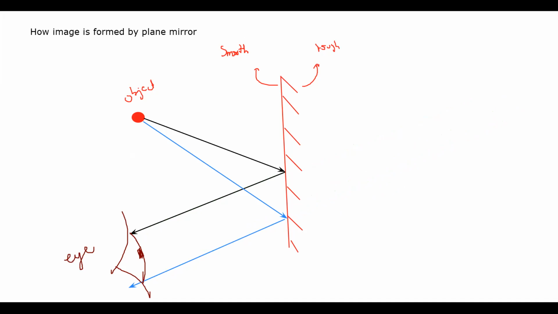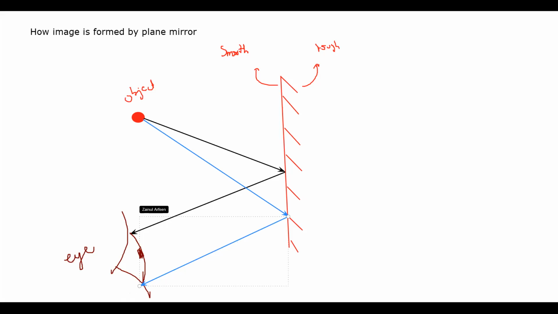I'll change the angle so they can intersect. So the two light rays strike the surface and enter our eye.